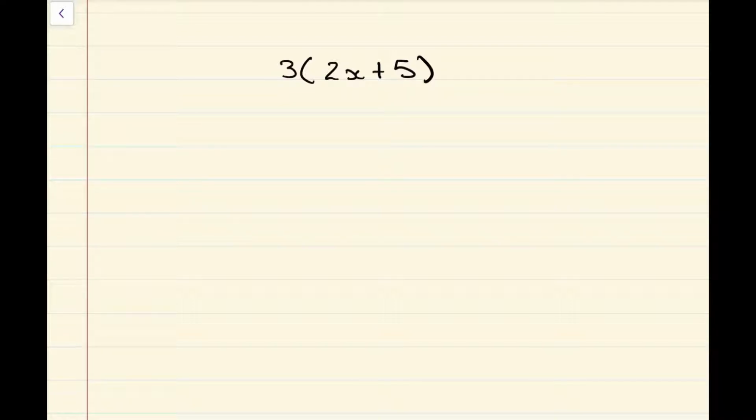So in this case, we have 3, and we have to multiply that by the first term inside the bracket, which is 2x. So that's going to give us 6x. And then we have to multiply 3 by 5, which is 15. And this is basically how we would remove a bracket.